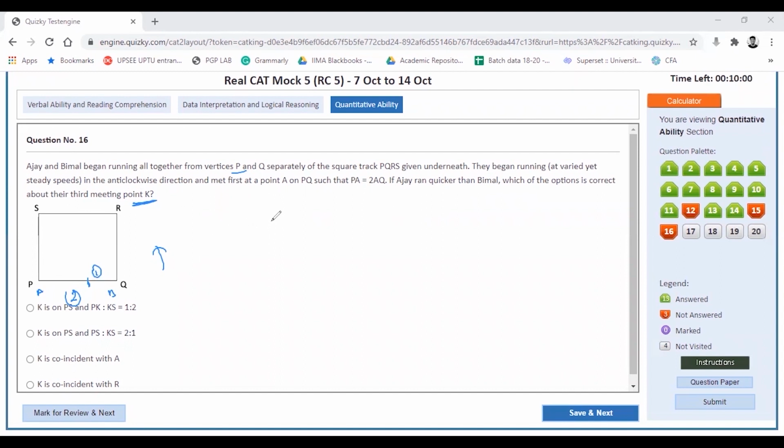So the total distance that Ajay would have traveled could be given as k full rotations plus this particular length. And let's assume the length to be 3 times 4, that is 12, because it is coming in the same ratio. So that gives the total distance traveled by Ajay as 12k plus 2.